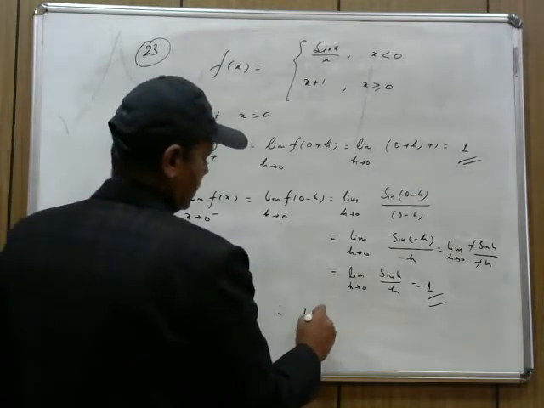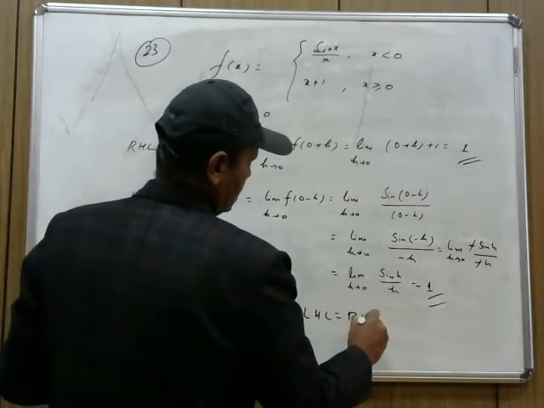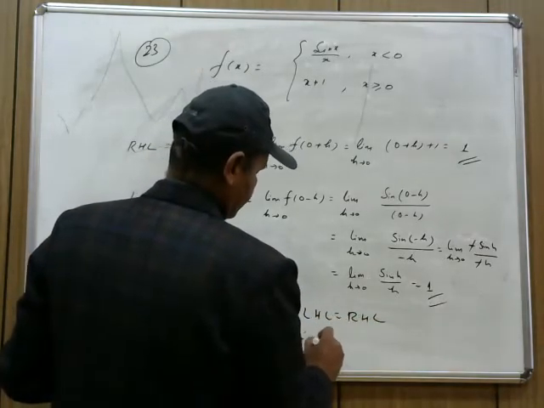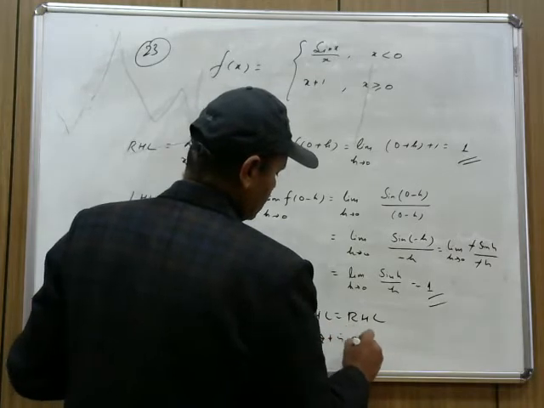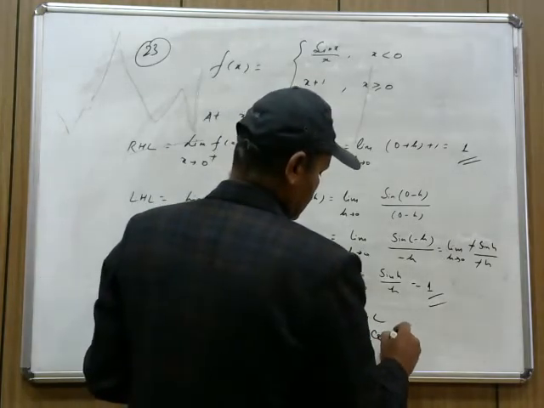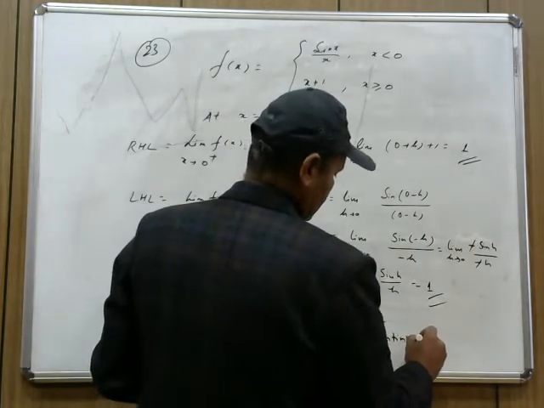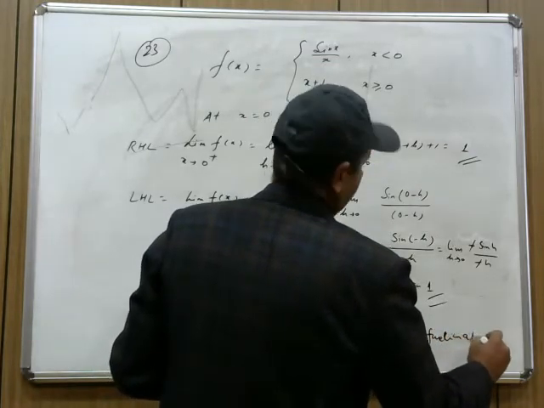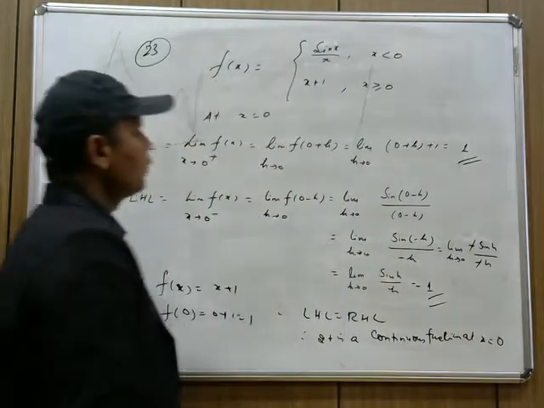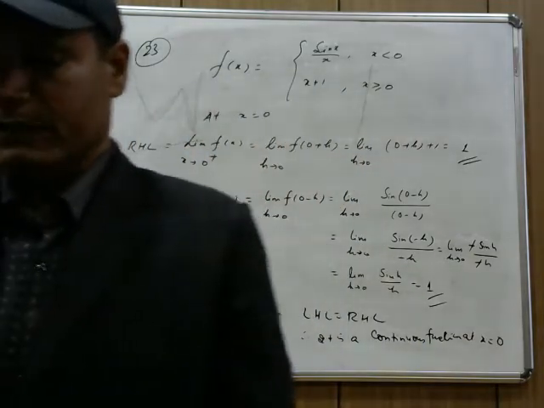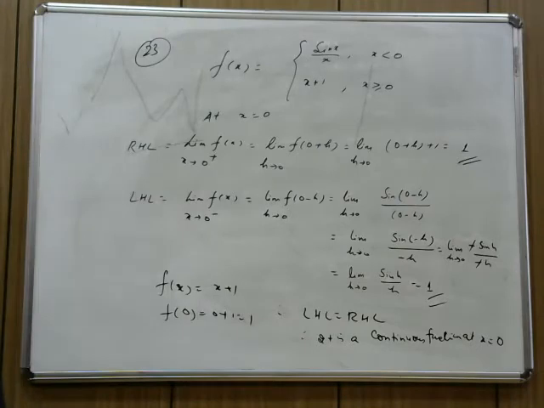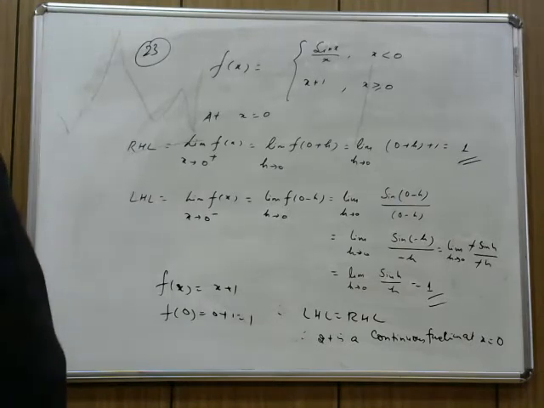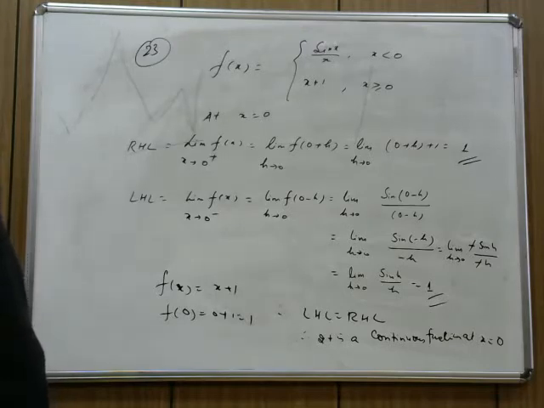That is LHL is equal to RHL, and hence it is a continuous function at x equal to 0. That means there is no point of discontinuity, or what I can say is that f is continuous at all points of the real number line and has no point of discontinuity.